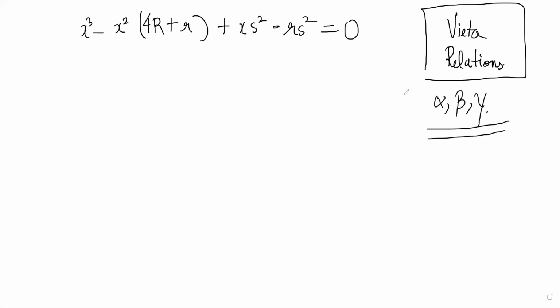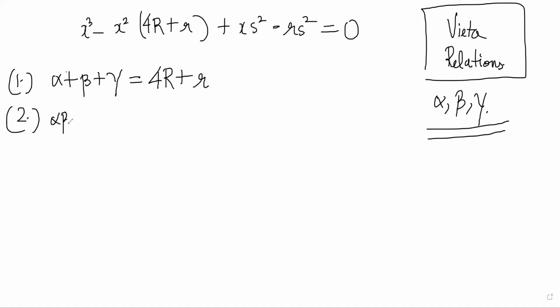What is alpha plus beta plus gamma? Minus b by a, so that will be 4R plus r. What will be alpha beta plus beta gamma plus gamma alpha? It will be s squared, right?